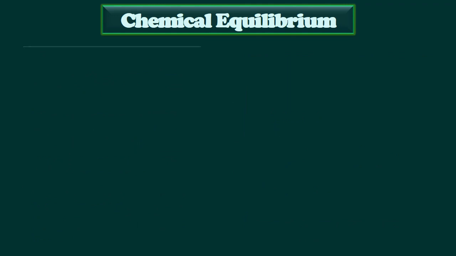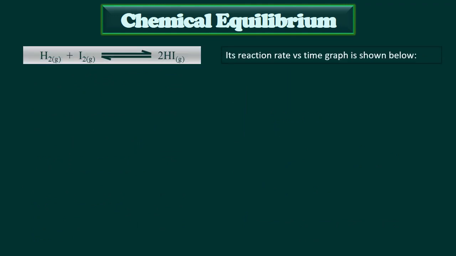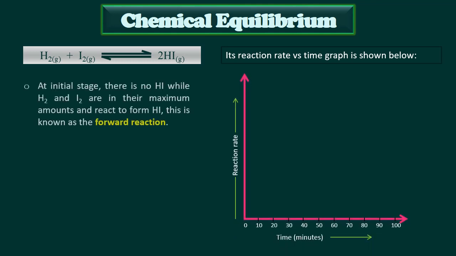Look at the following reaction, and let's draw its reaction rate versus time graph. At initial state, there is no HI, while H2 and I2 are in their maximum amounts and react to form HI. This is known as the forward reaction. Look at its curve.